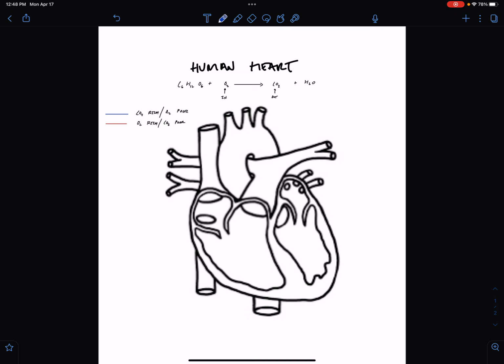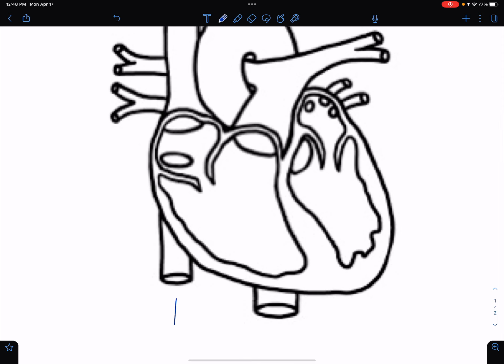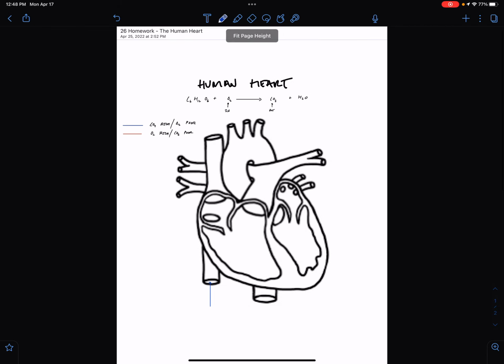We're going to be talking about blood that is CO2 rich and O2 poor being delivered back to the heart right after it's visited the body. Okay, so here we have a big vein, and here we have a big vein. They are both depositing here and here into the heart.